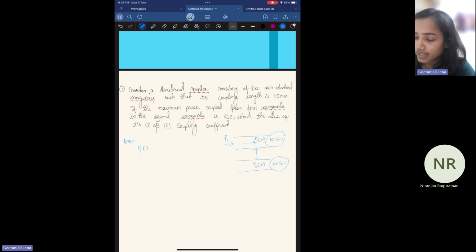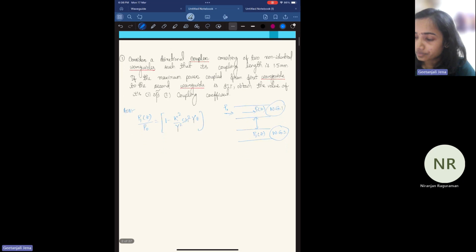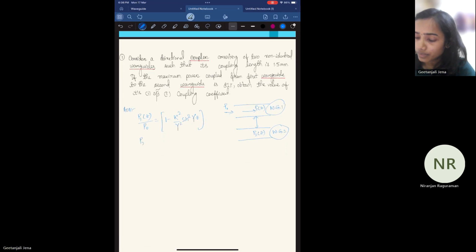If you recall, P1(z)/P0 is 1 minus kappa squared over gamma squared, sin squared(gamma z), and P2(z)/P0 is kappa squared over gamma squared, sin squared(gamma z).